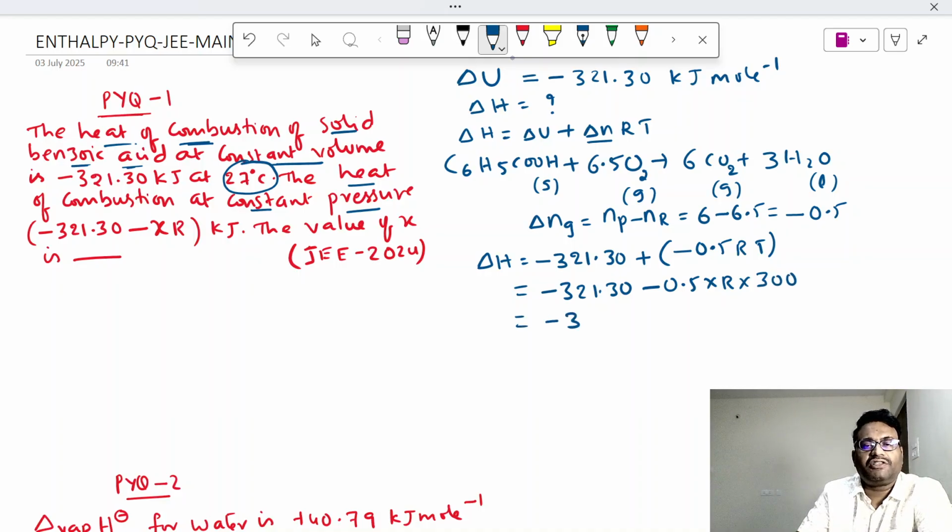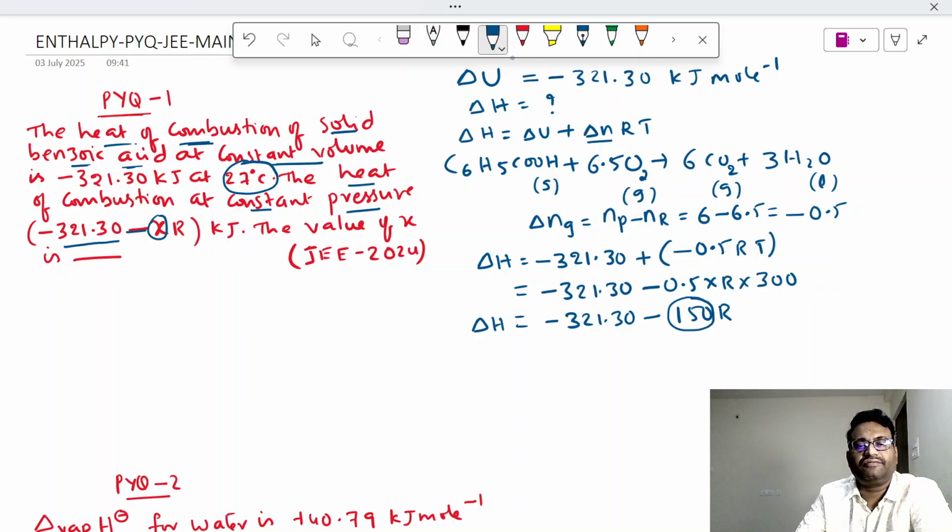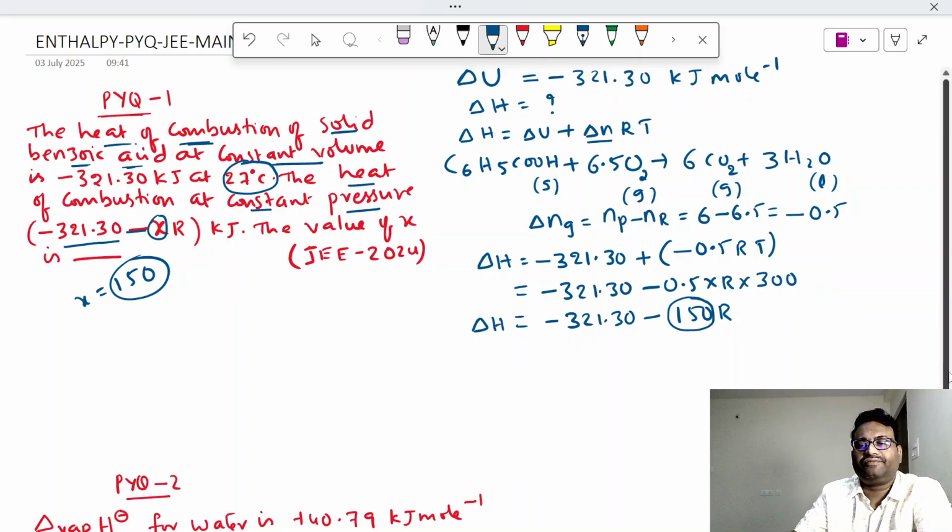That is equal to minus 321.30 minus 0.5 into 300, which gives you 150 R. So this is delta H. Here asked is the delta H at constant pressure, minus 321.30 minus XR. So minus 321.30 minus 150 R. So X is equal to 150. Understood?